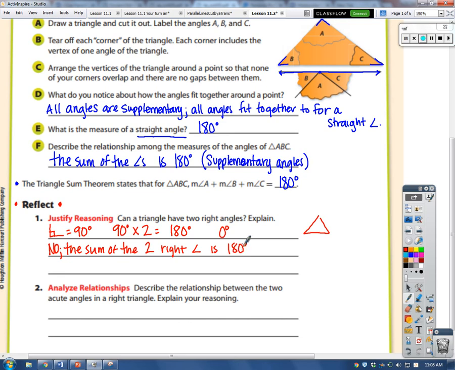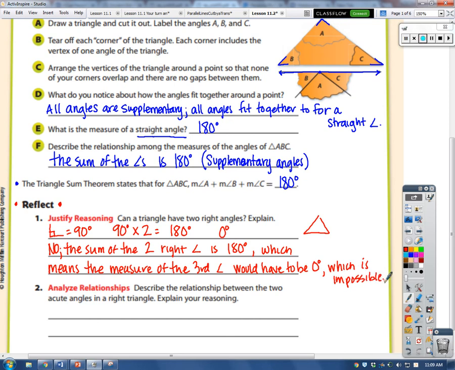Therefore, that means the measurement of the third angle would be 0 degrees, which is impossible. Okay, you can't have an angle that's 0 degrees. You can't have two right angles in a triangle.